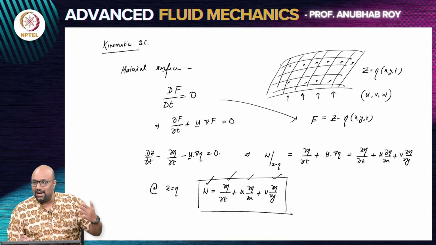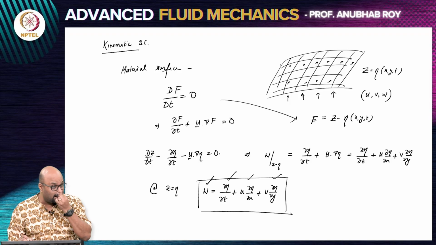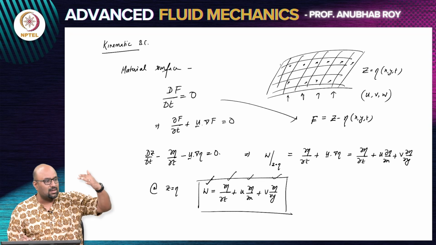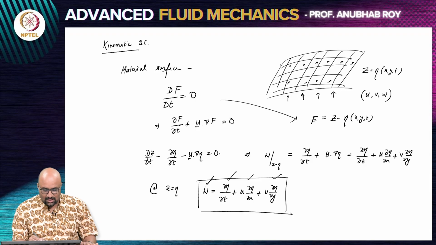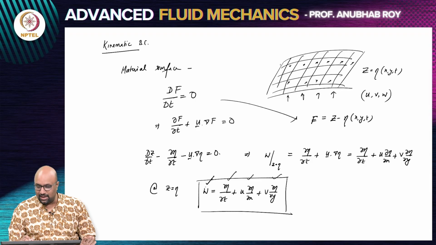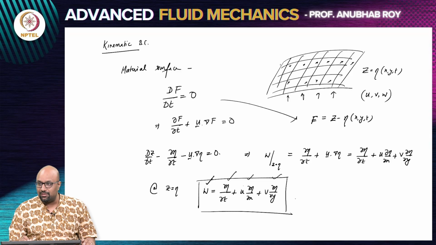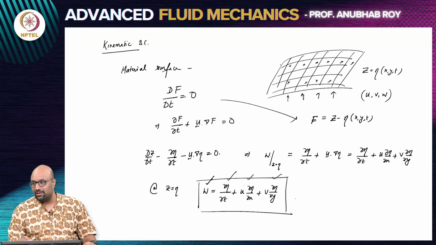So that is going to violate mass conservation when I'm thinking of an incompressible system. So in an incompressible system, the interface will rise at some location and fall at some other location. If there is a vertical velocity at different points on the interface, it will come with additional horizontal velocities, which are responsible for the evolution of the interface. So this is a kinematic boundary condition that you need to apply at the interface.